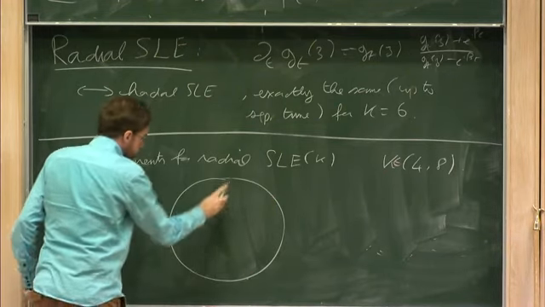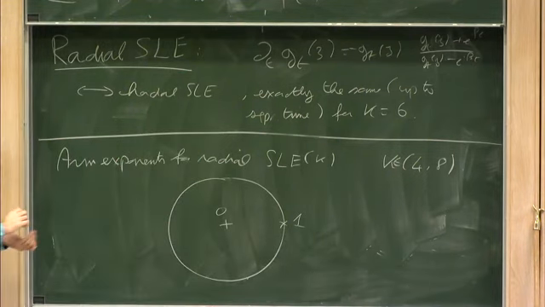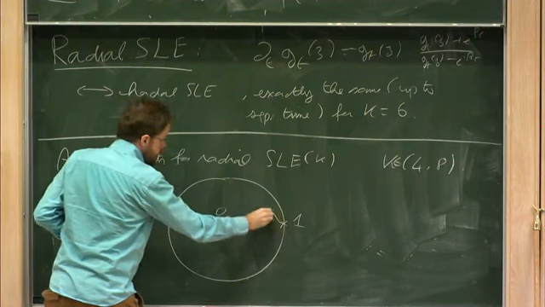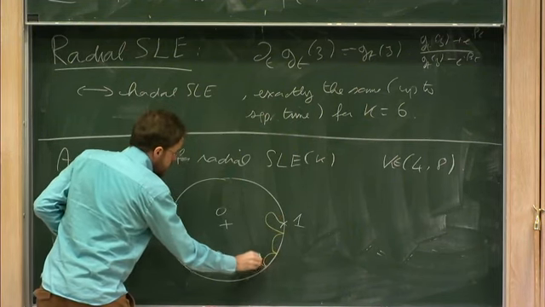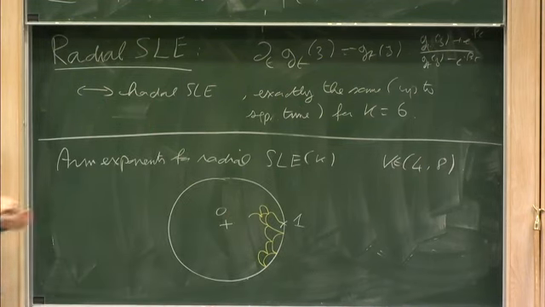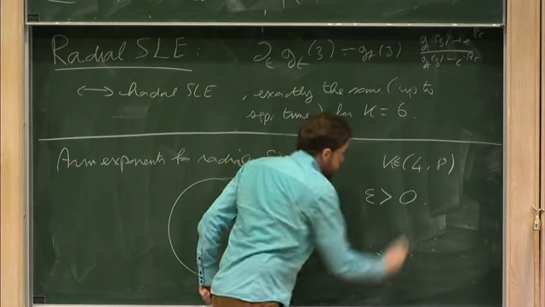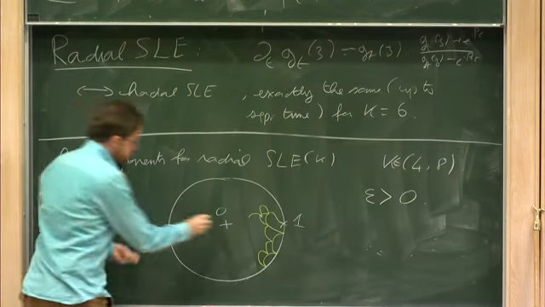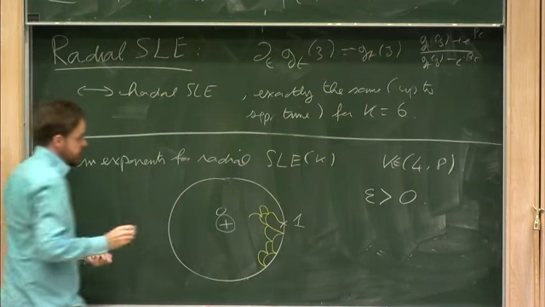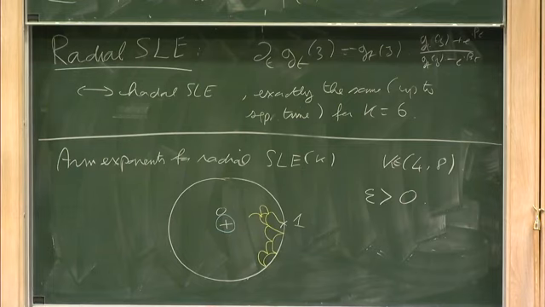So we have a disk, we have 0, we have 1, and we launch an SLE from 1, which is a radial SLE for kappa bigger than 4, so it does something like that. And to match this event, I will fix some epsilon positive. I will fix a disk around 0 of radius epsilon, and I will follow the SLE until it touches this small disk around 0.